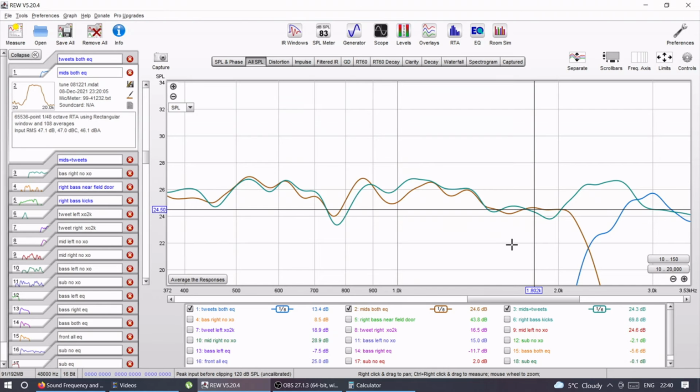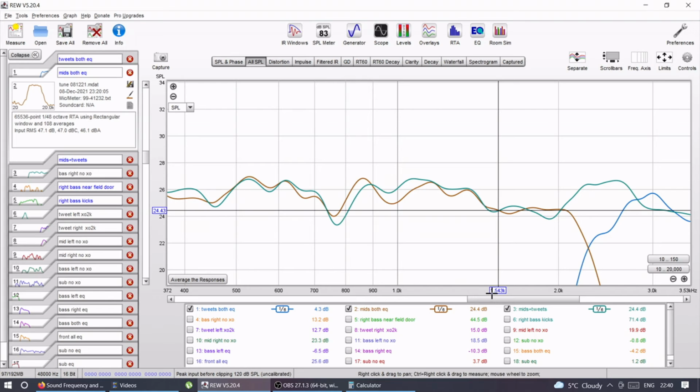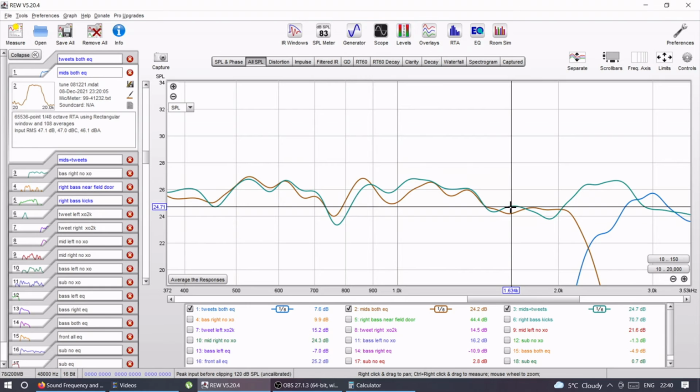Okay, so in this particular case, if you're going to play a frequency, let's say 1543 Hertz, that tone is going to be right in the middle of your center image. If you're going to play a tone which is 1637 Hertz, yeah, it will be shifted to one side, because one speaker, one mid-range, is going to play a bit lower, this one, and the other one a bit louder.